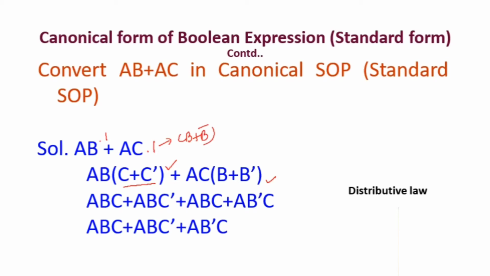Similarly here ABC plus AB bar C, and then we can see that ABC and ABC are repeated twice. So I have written it a single time because we know that A plus A is equivalent to A. So anything added or multiplied any number of times can be replaced by its single entry. So I have replaced it by a single entry. So now this time there are three products and all three products are having all three variables either in the direct form or in the complemented form.